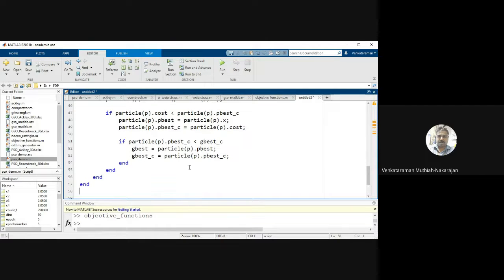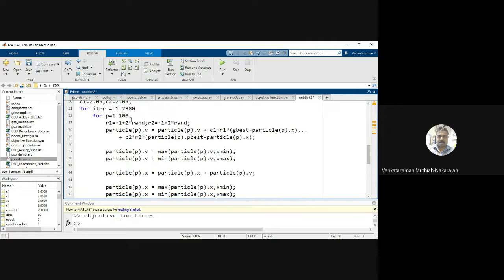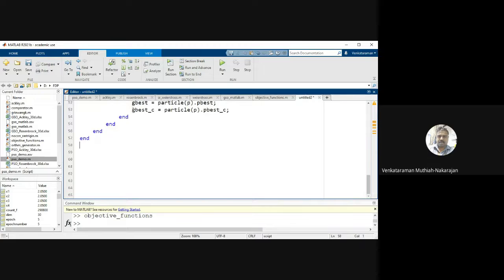So by repeatedly doing it for 2980 times, we should reach a minimum.